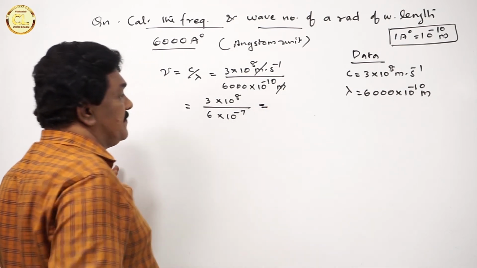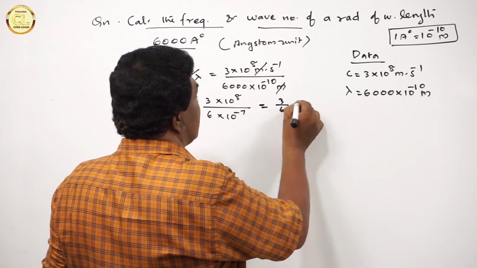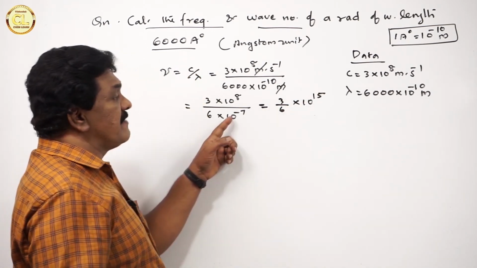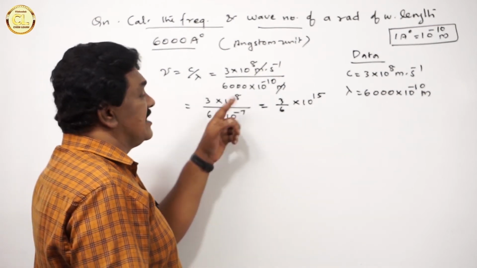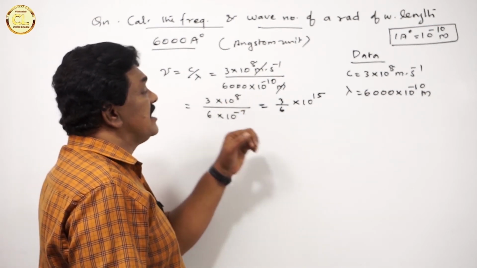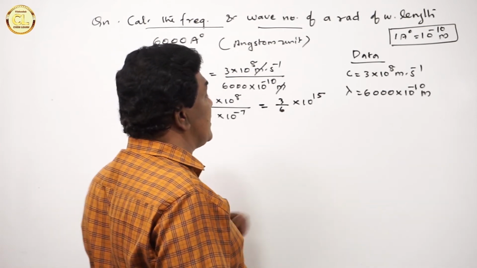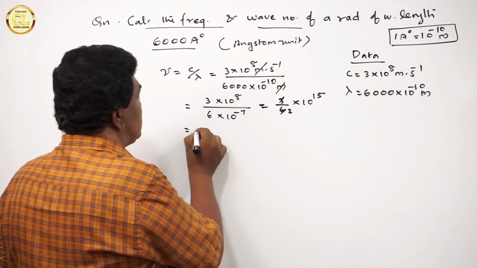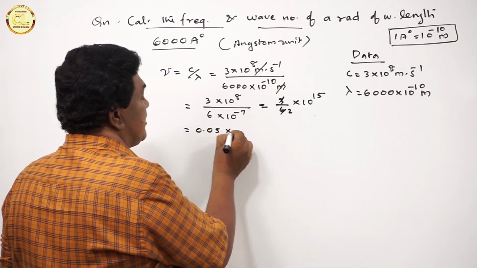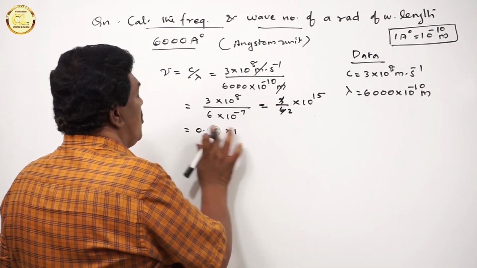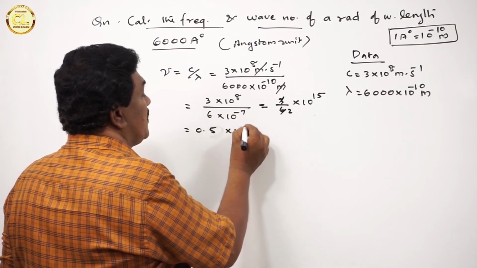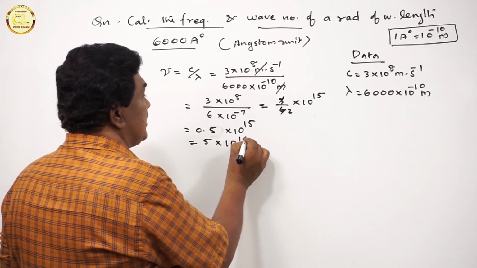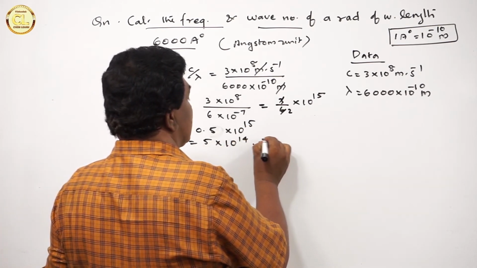That is equal to 3 by 6 into 10 raised to 15. 10 to the power minus 7 comes in the numerator as 10 raised to 7. 10 raised to 8 into 10 raised to 7 is equal to 10 raised to 15. And this is 1 by 2, which is 0.5 into 10 raised to 15. That is 5 into 10 raised to 14 per second.